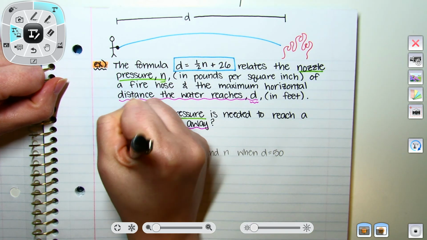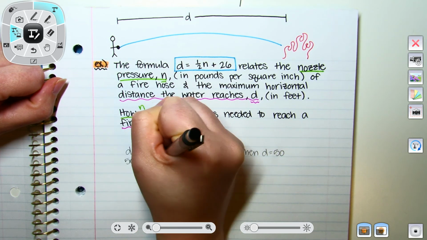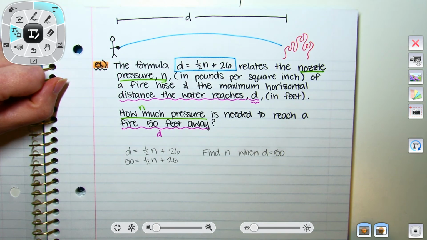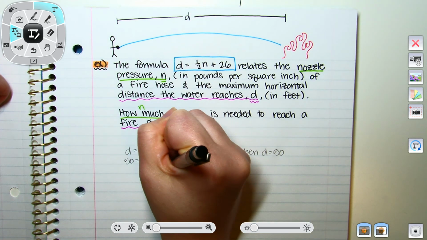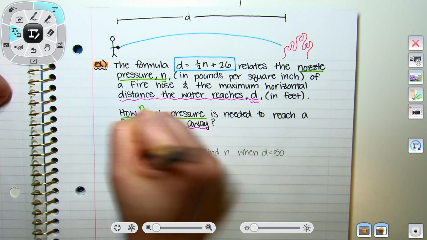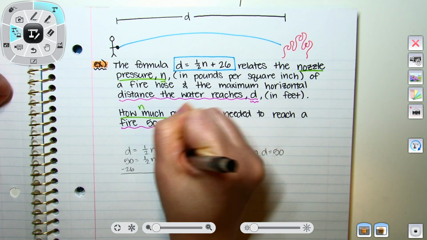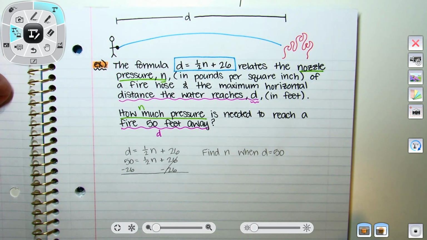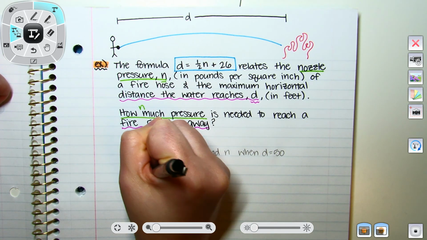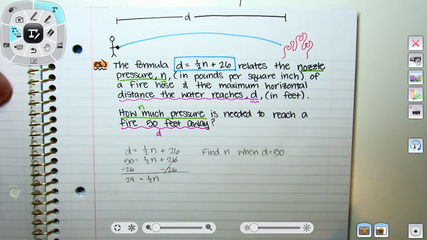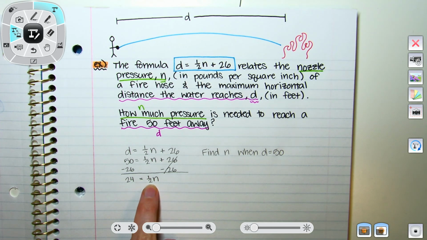I'm going to say 50 equals 1/2 N plus 26. And now I want to get this N by itself. All right, so the first thing I'm going to do is subtract 26 from both sides. Cancels out over here. When I do 50 minus 26, that gives me 24 equals 1/2 N. All right, what we need to do now is get rid of this 1/2.